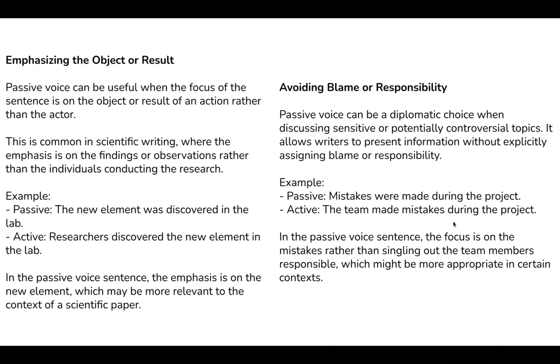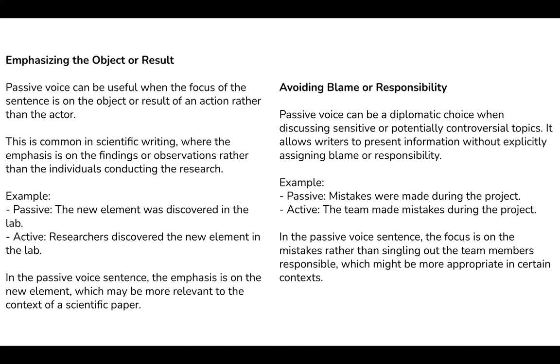This is very useful, especially when you want to talk about failures of a particular company or a particular team. You just don't sell them out by saying, oh, the design team made so and so mistake in their job. It's not usually very nice, right?